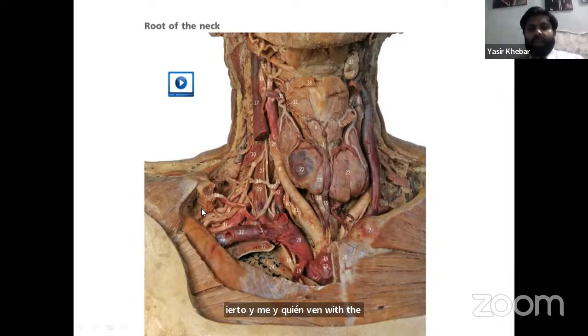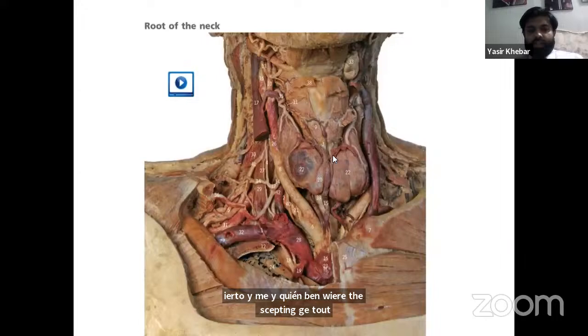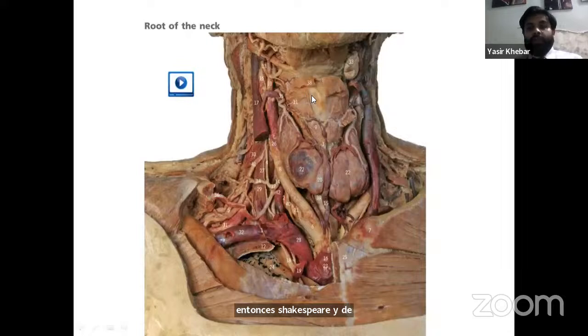Near the center, this pinkish structure is the thyroid gland. Here we have the thyroid cartilage cells that are coming from the thorax into the neck. This region would be the root of the neck.